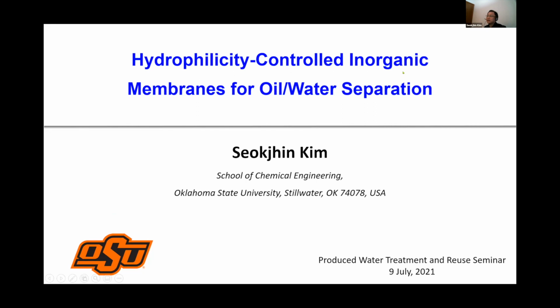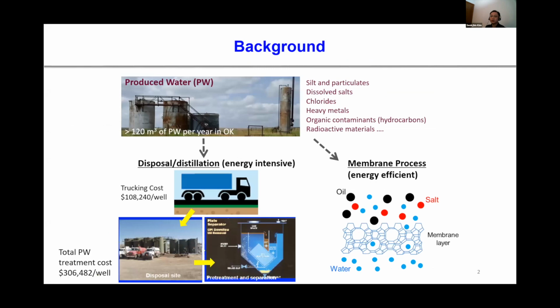So today, I would like to talk about the hydrophilicity-controlled inorganic membranes for oil and water separation. Today we have produced water in Oklahoma, and approximately 120 million cubic meters of produced water is generated annually, and the majority of it is disposed by deep well injection, which sometimes causes earthquakes.